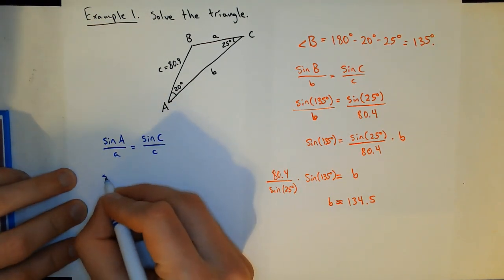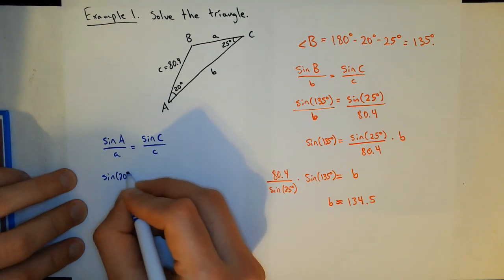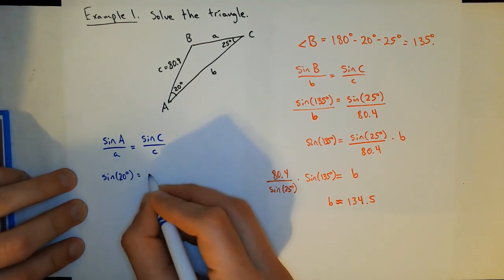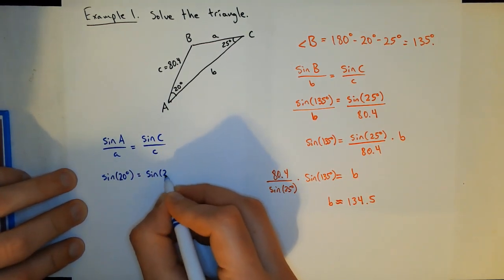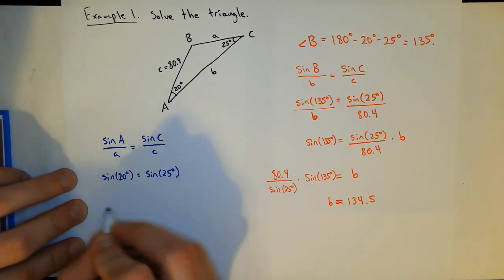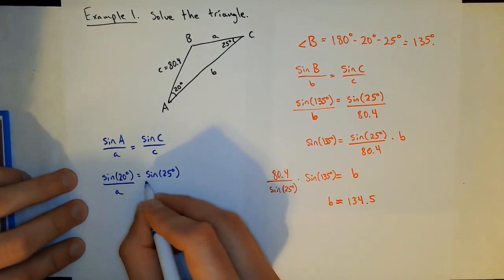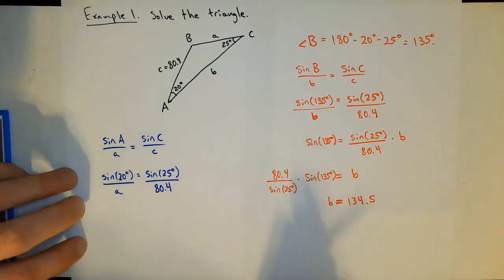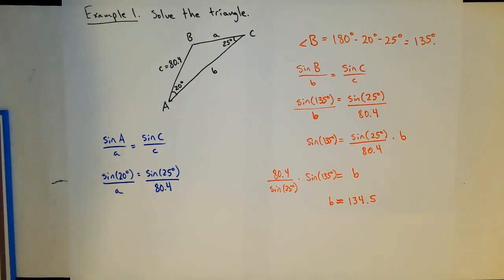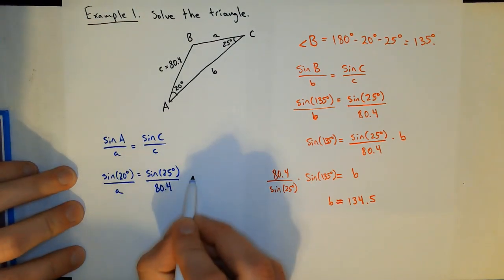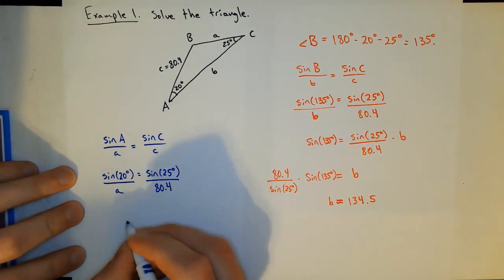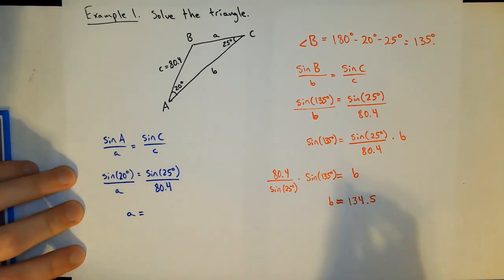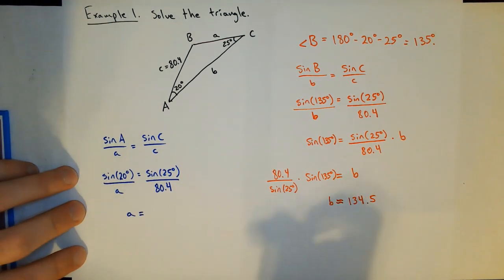Okay, so sine of 20 degrees over a is equal to sine of 25 degrees over 80.4. Oops, I neglected to write down the fraction part. There we go. Okay, now in a similar way, I'll multiply by a and then divide by this whole thing. So you should pause and see if you can get what a is equal to.